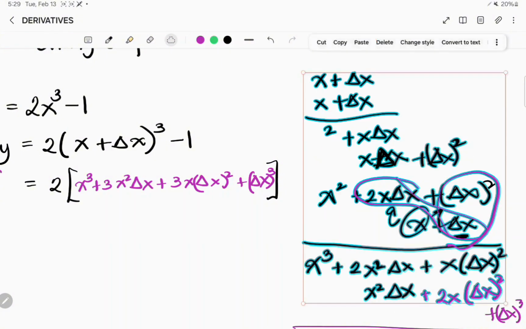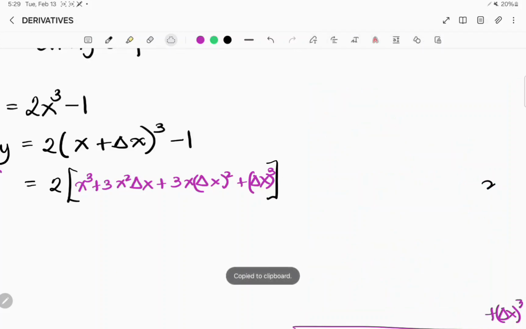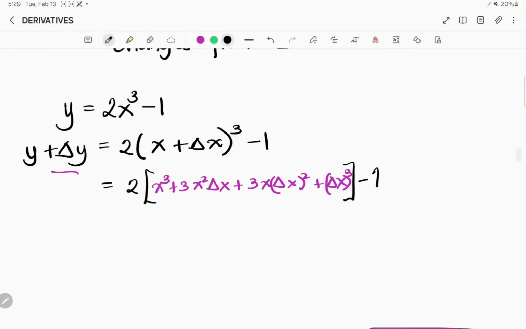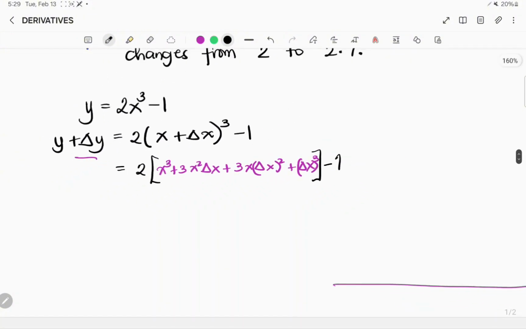Let me just erase this. So we still have minus 1. This minus 1 here. Now, we still have to simplify the right side of the equation by distributing 2 inside.